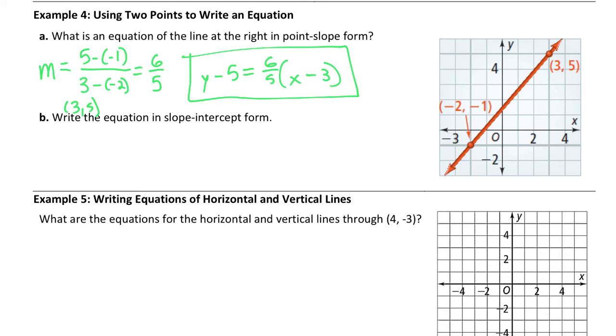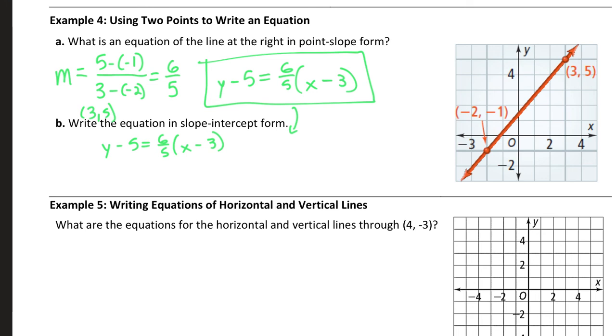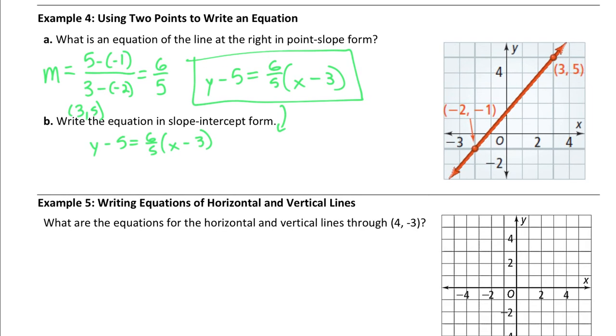For part B, we're going to take our equation from the top and rewrite it from point-slope form to slope-intercept form. And the first step to doing that is to distribute 6 over 5 through those parentheses.